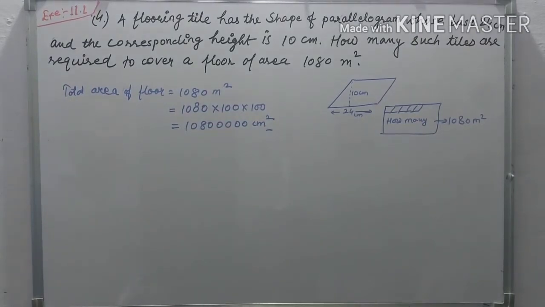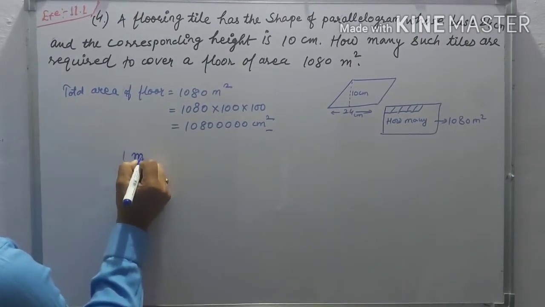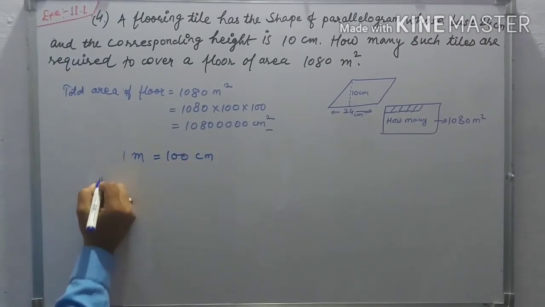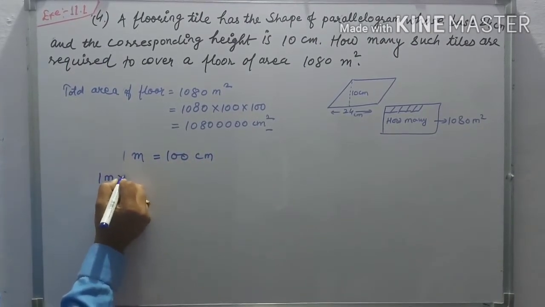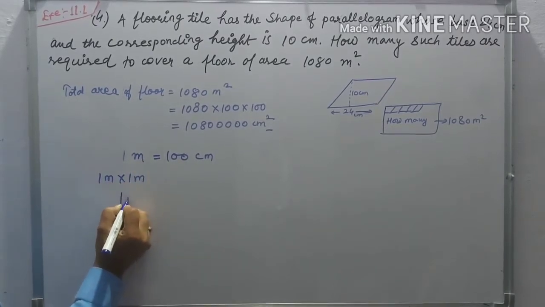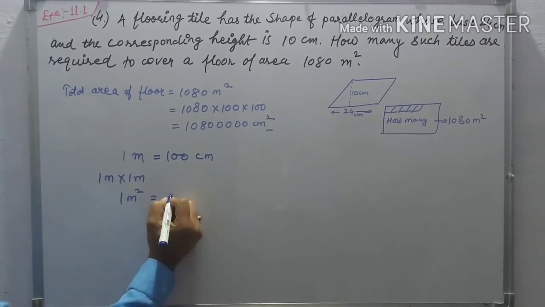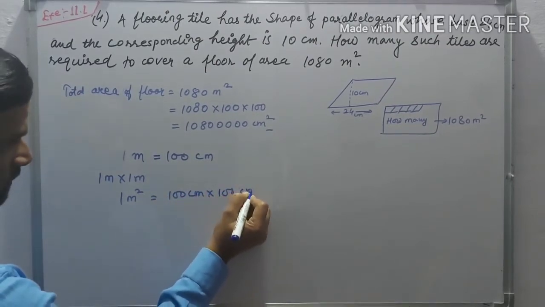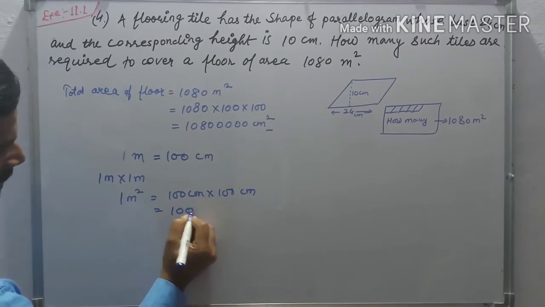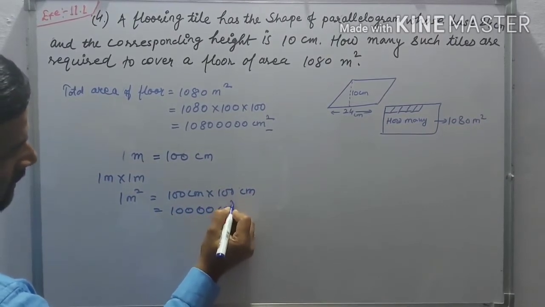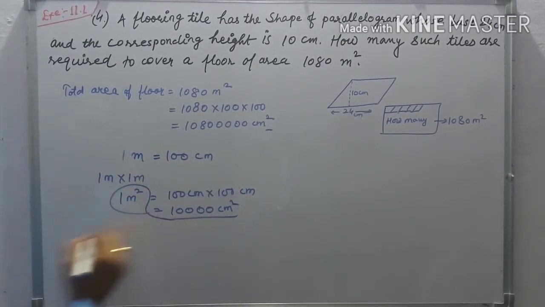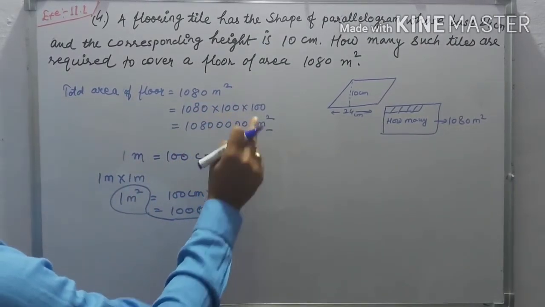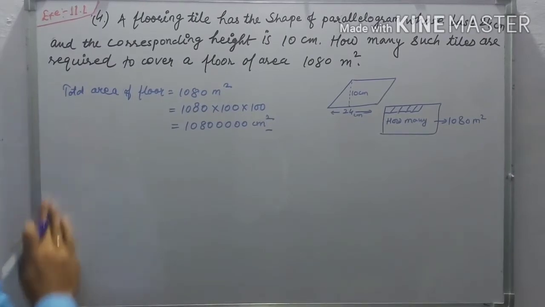How to change? 1 meter is equal to 100 centimeter, and 1 meter into 1 meter is 1 meter square. So 100 centimeter into 100 centimeter is 10,000 centimeter square. To change meter square to centimeter square, multiply by 100 two times.